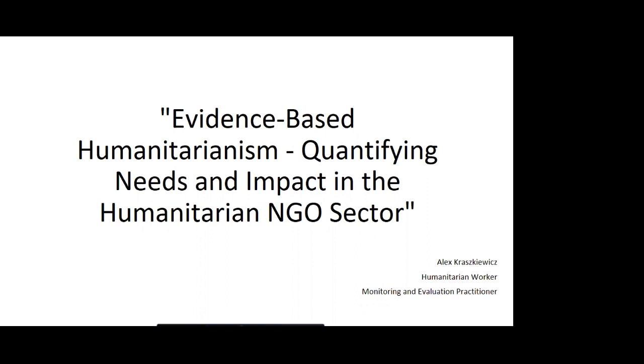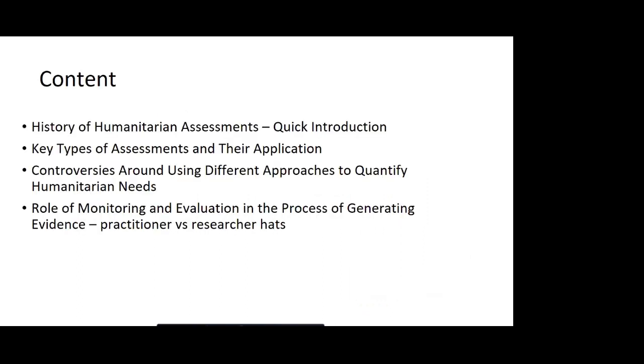What I wanted to basically do is go through those points. First and foremost, talk to you a little bit more about the history of humanitarian assessments, very briefly, just to give you a sense of how that came about. Then I wanted to talk about the key types of assessments and their applications. So what do we mean by humanitarian assessments?